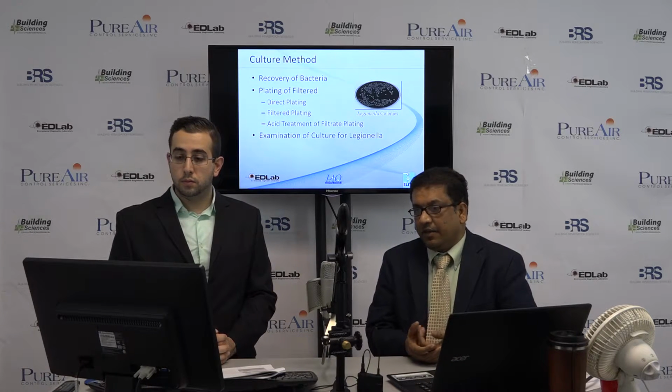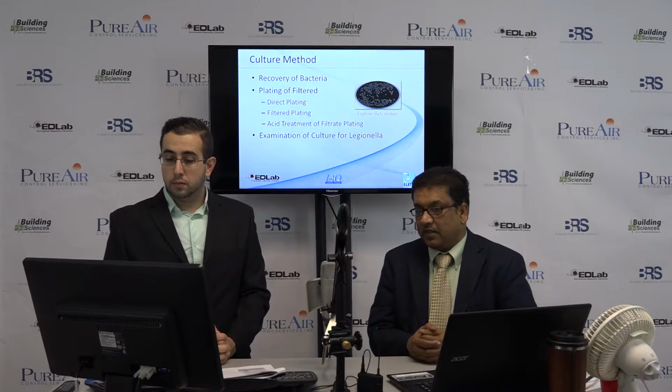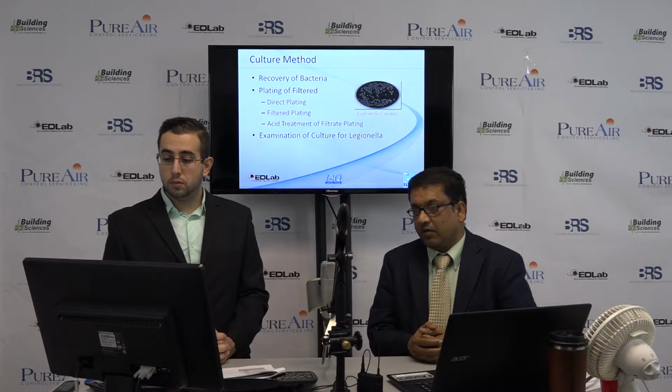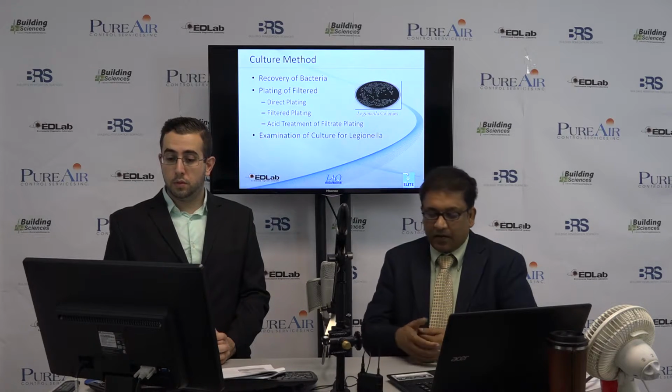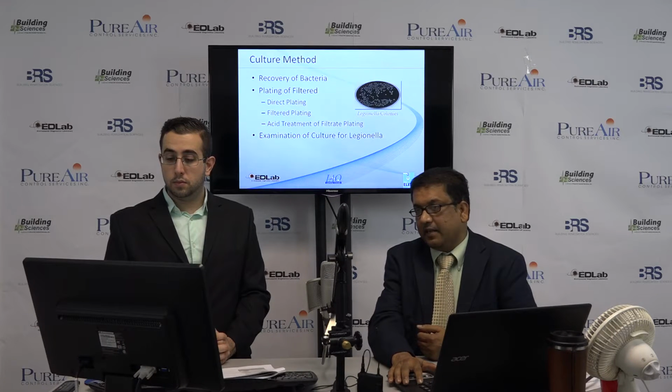The plating is either direct plating or filtered plating. Sometimes people treat with acid, so other organisms which are not the target organism are not going to survive in the acidic environment, and only Legionella is going to survive. So you will end up getting colonies of Legionella if there is any Legionella in that sample. Afterward, you evaluate the obtained culture very critically, and that's how you make your presumptive identification of Legionella.